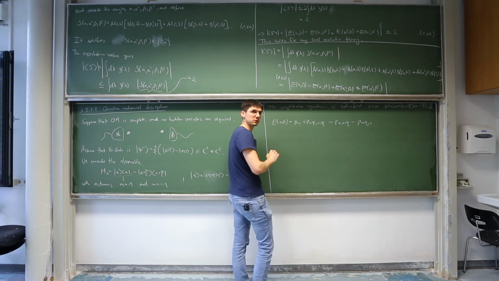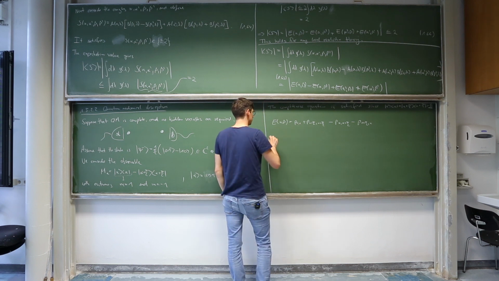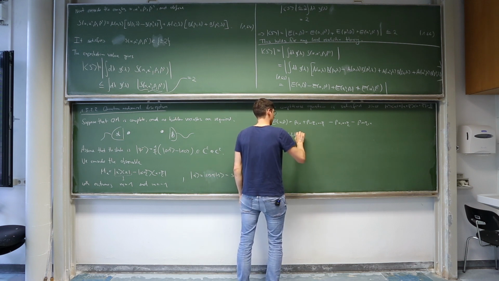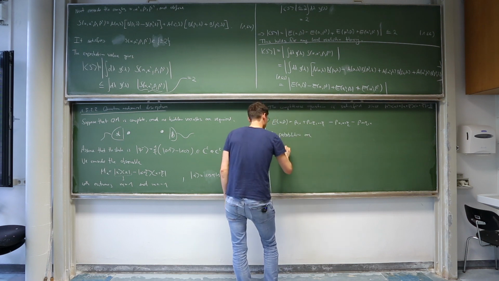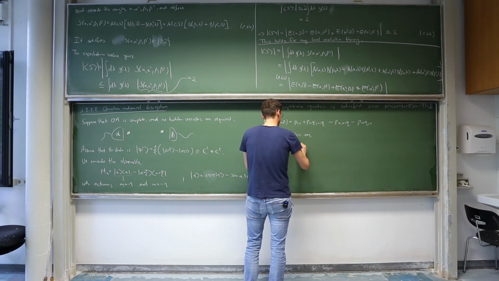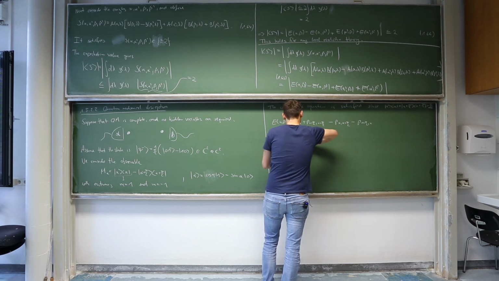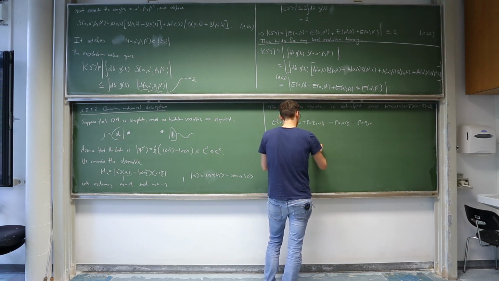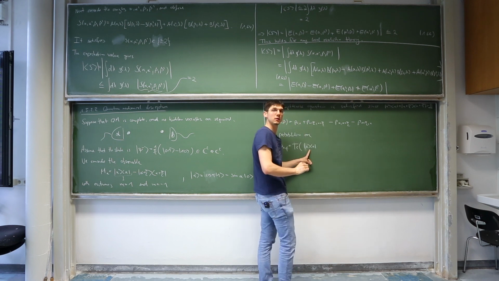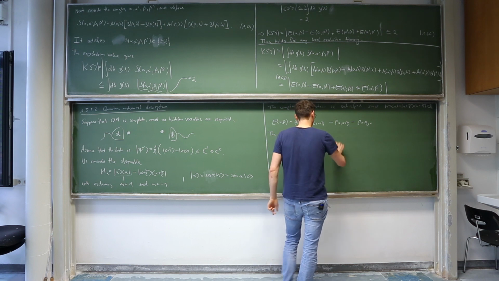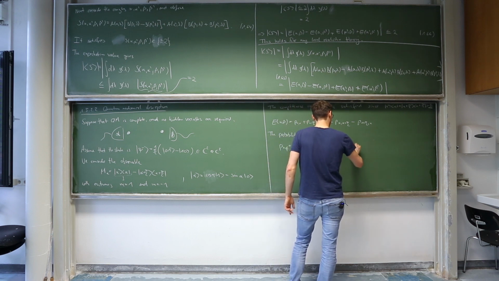Now, in order to get an expression for this, we calculate the probabilities. So we have p alpha beta is equal to the trace of the projector on the state alpha on our first particle, tensor the projector with the angle beta on the second particle, and then we have our state phi.